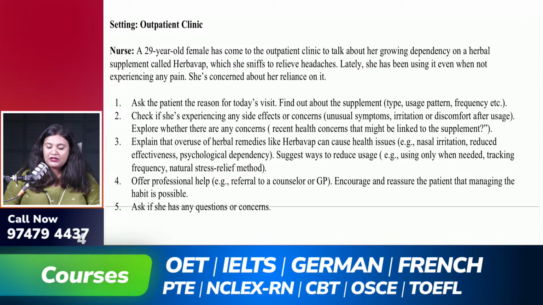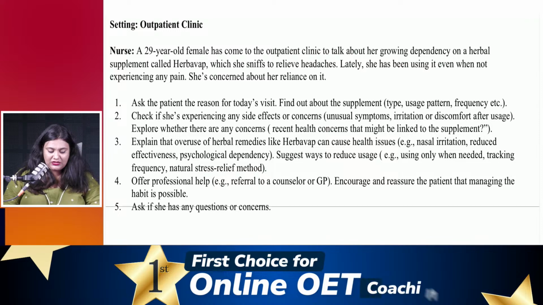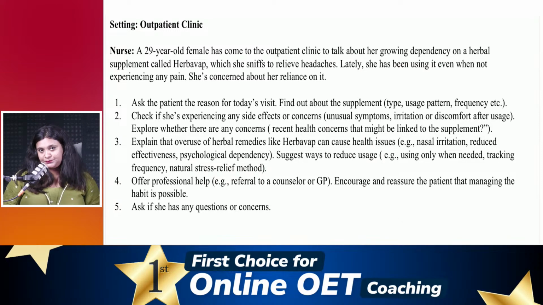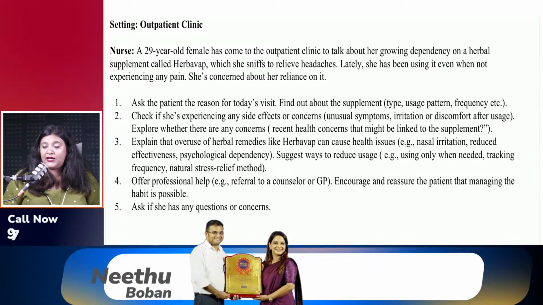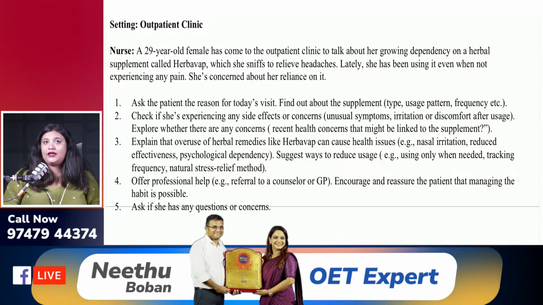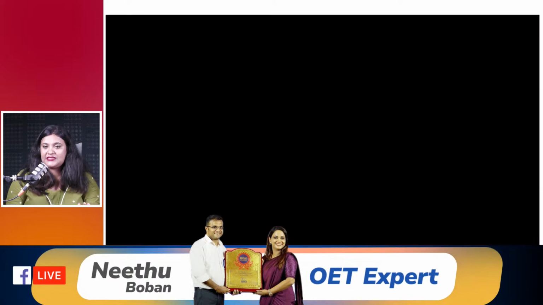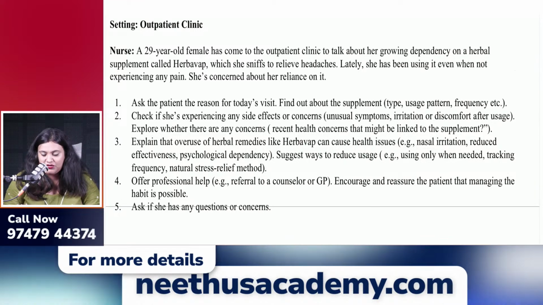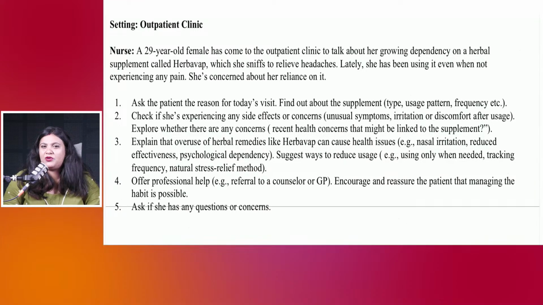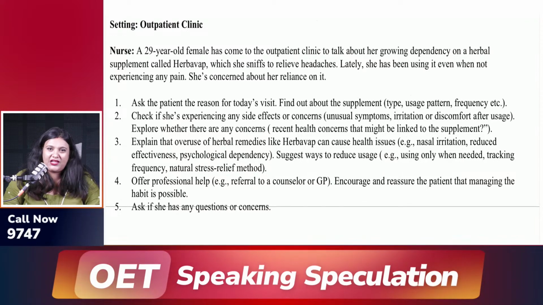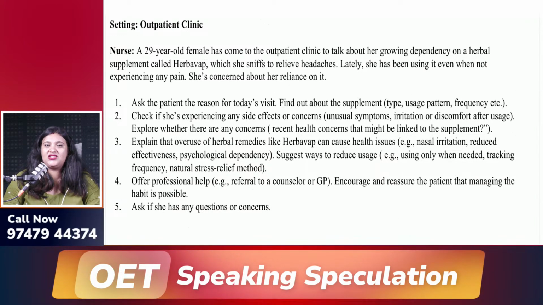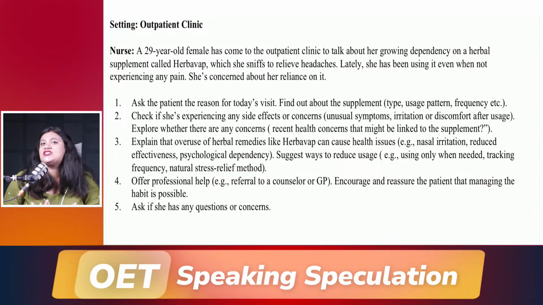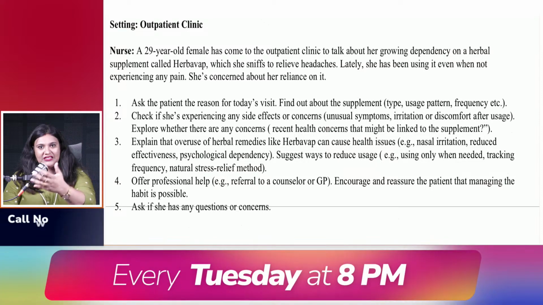So now the next one is usage pattern and frequency. Okay, this also can be clubbed together. You can ask a question like, I understand that you're using something known as herbal vape, so could you tell me more about your usage pattern, like how many times you use it and when do you use it? Could you describe that to me? So you can ask these two things together.